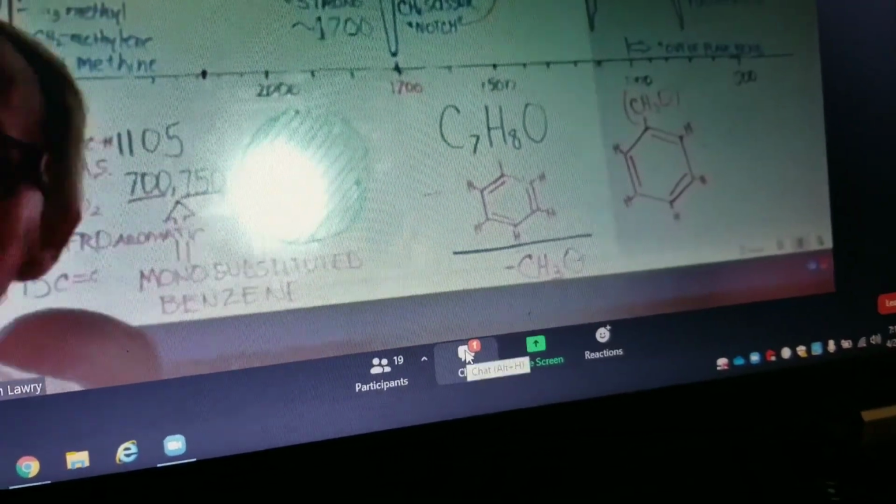Students will put CH3OH and say it's an alcohol, completely ignoring the fact that we did not get an OH stretch anywhere. We did get a CO stretch, but we did not get an OH stretch. So why would you put alcohol? Because we don't know any other functional groups. Matter of fact, most students, when they see oxygen, they assume it's an alcohol before looking at anything. They just go, hey, it's some kind of alcohol.